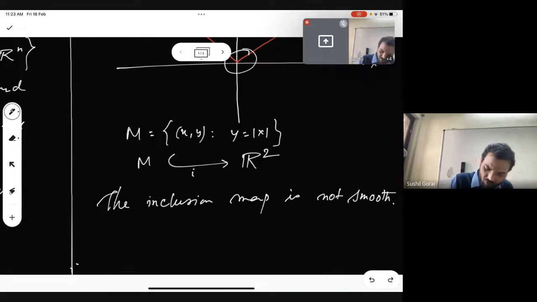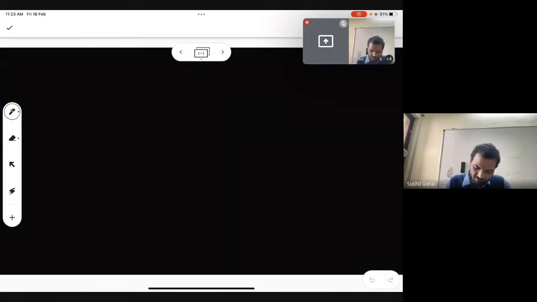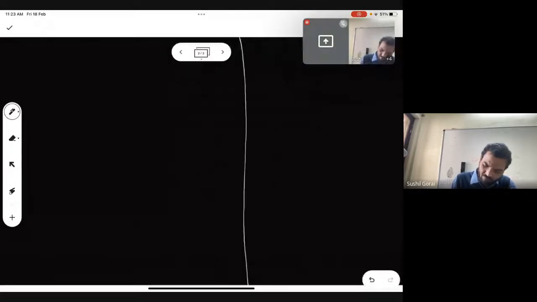All right. So let's go to the tangent space. Is the definition of tangent space clear to all of you?